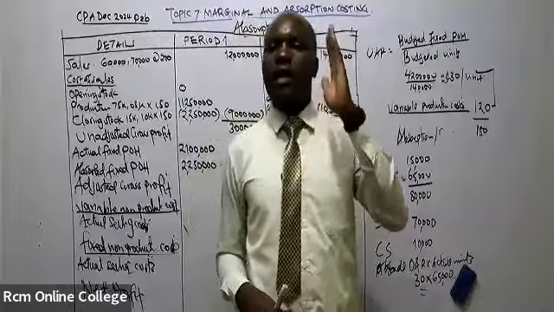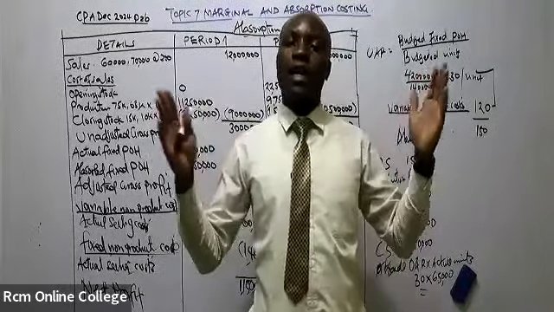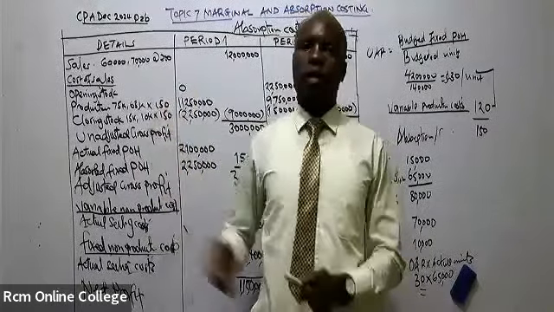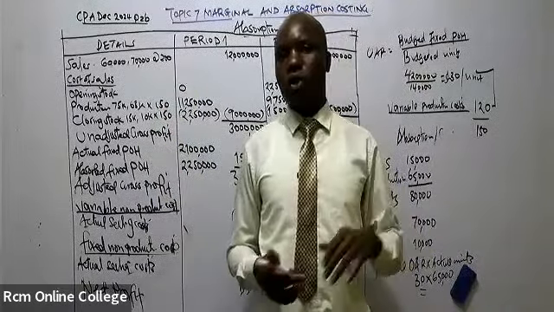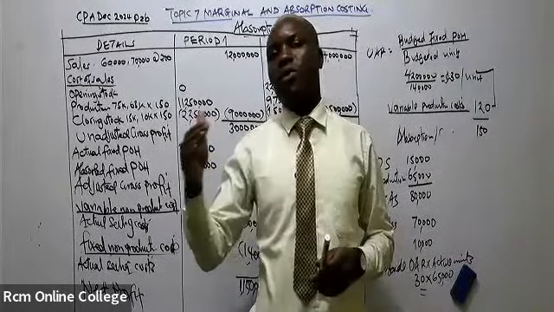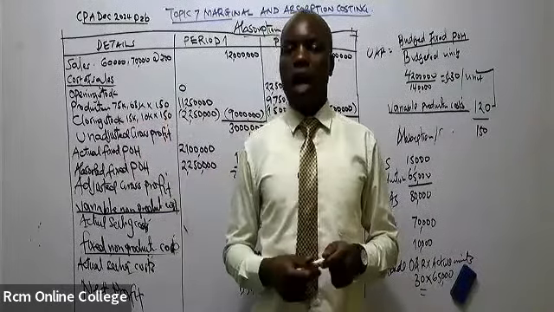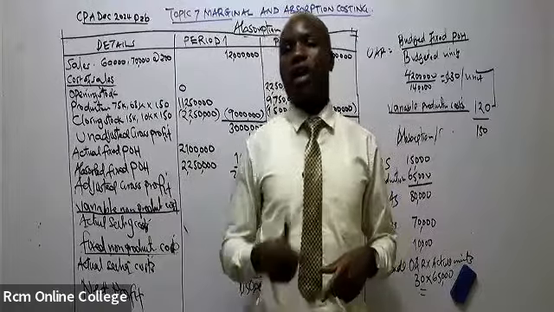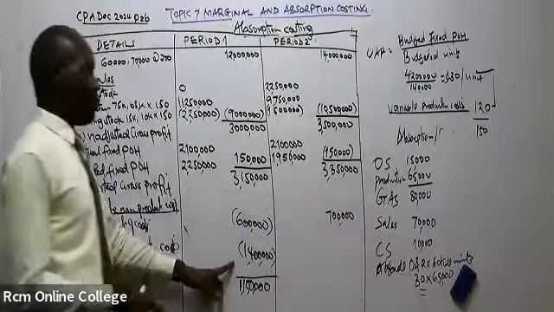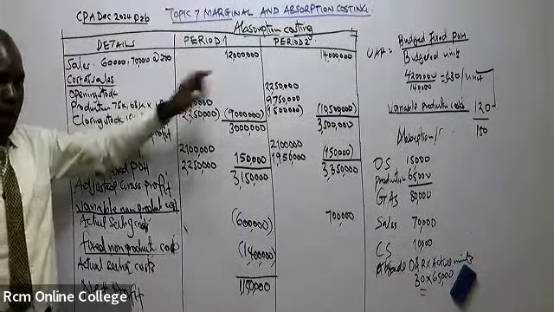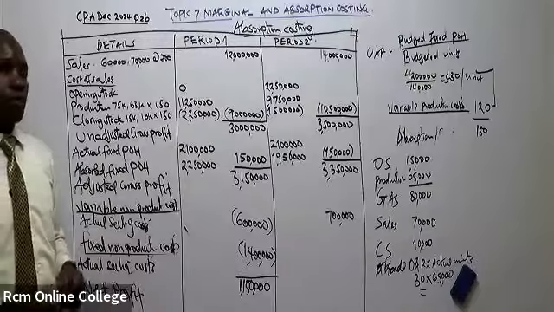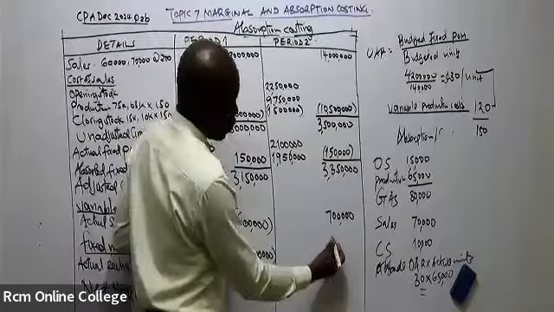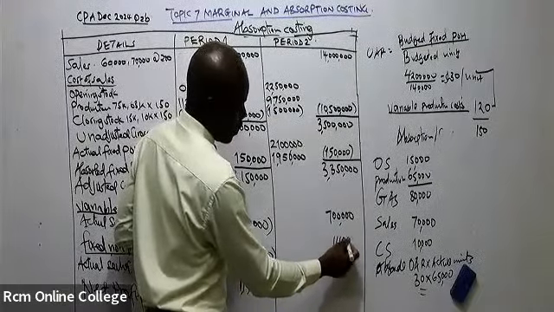The 2,800,000 is for the entire year. So if you have the first 6 months of the year as period 1 and the last 6 months as period 2, and this expense is distributed evenly throughout the year, then we take 2.8 divided by 2. That is what gave us 1.4 in period 1. In period 2, since they are equal, we take that as our actual fixed selling overheads.